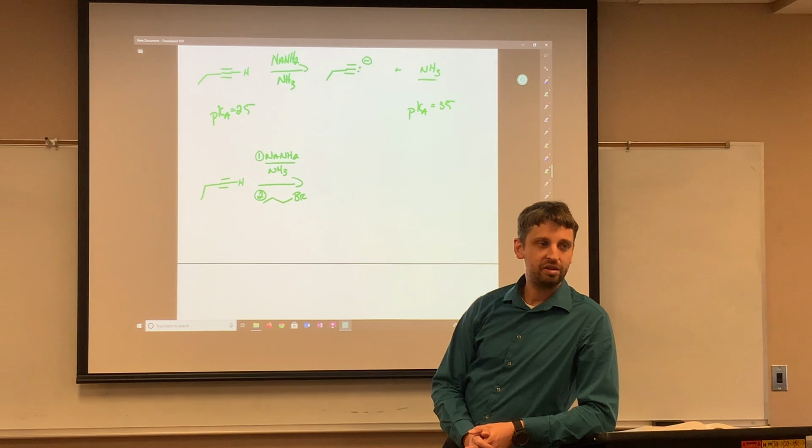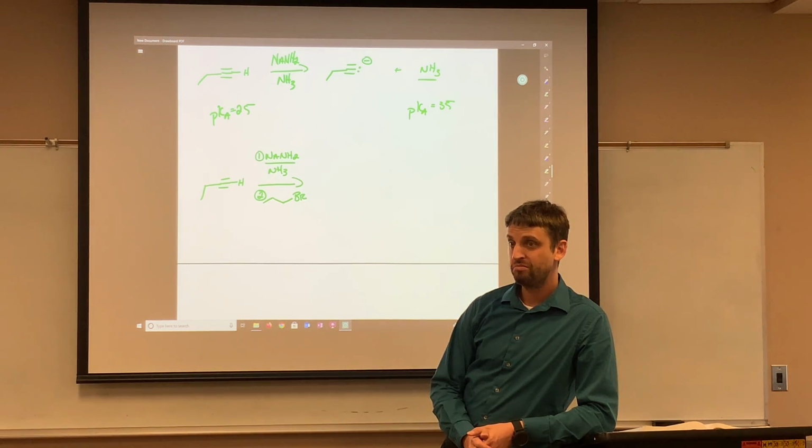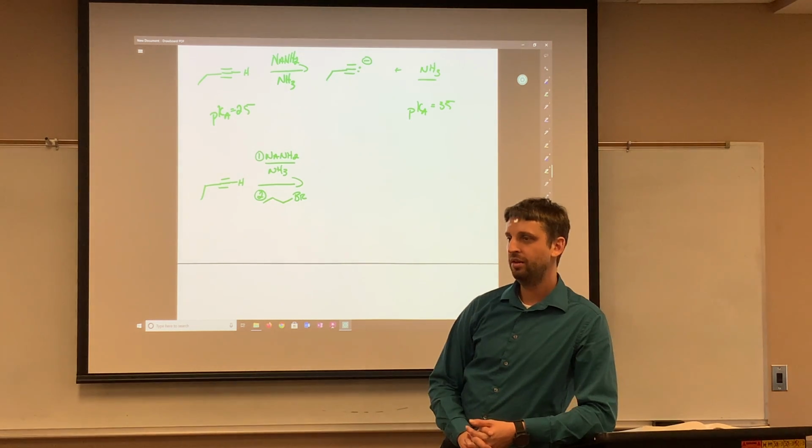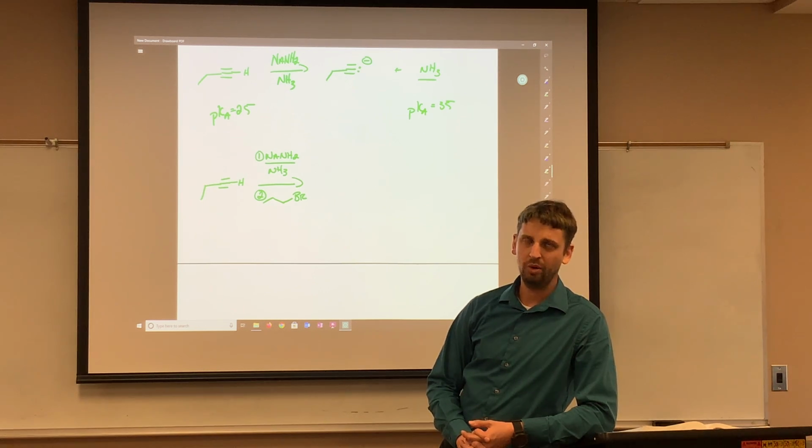So we got a strong base, which also happens to be a relatively unhindered nucleophile, huh? Got a linear geometry, hard to get less hindered than that. So we got a powerful base, an okay-ish nucleophile, and a primary leaving group. So what's going to happen in the second step there?